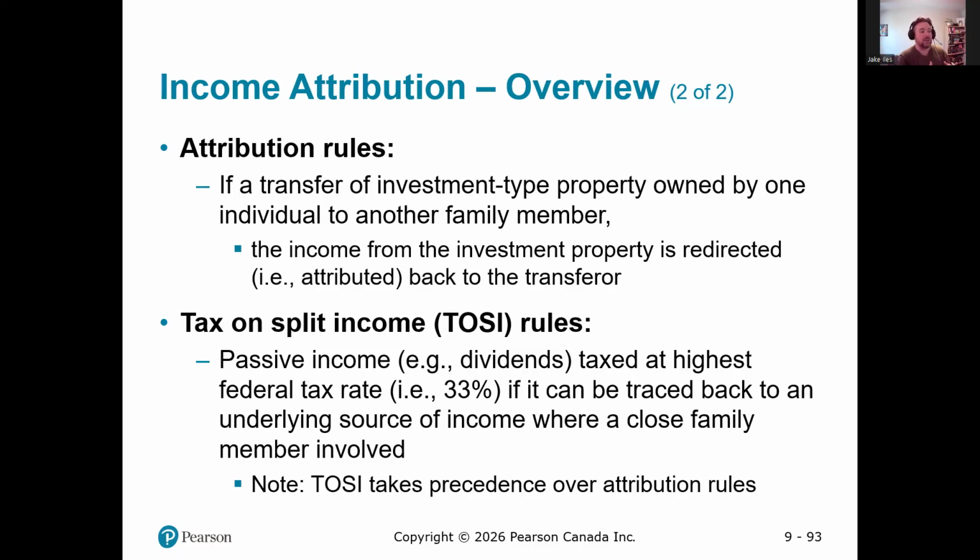So tax on split income comes in when I have control over the business to decide when and to whom dividends get paid. Attribution rule applies when it's more of a public entity where I'm receiving the income, but I don't necessarily have the decision-making power on what the income's going to be.